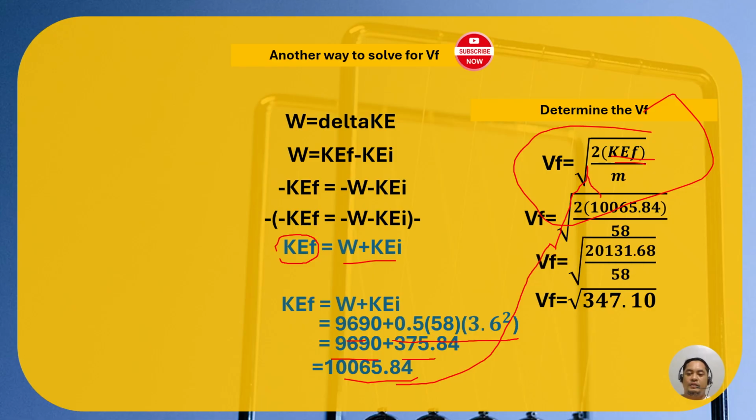So you will have 20,131.68 divided by 58. You will have this expression inside the square root. Okay, 347.10. Get the square root, and that's going to be 18.63. Same velocity as we had a while ago.